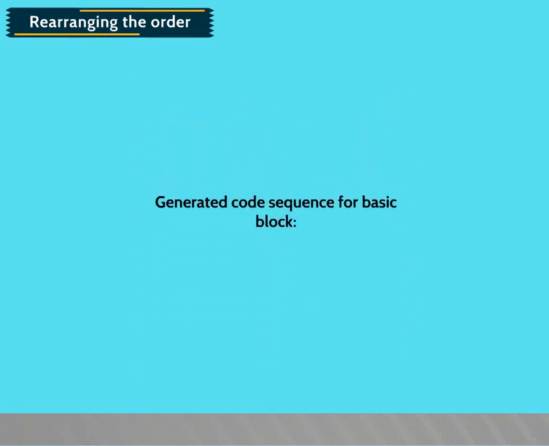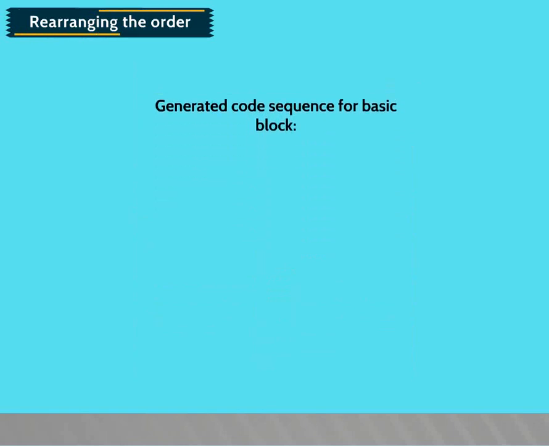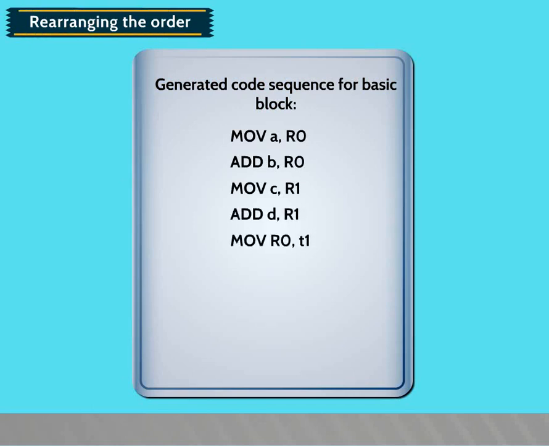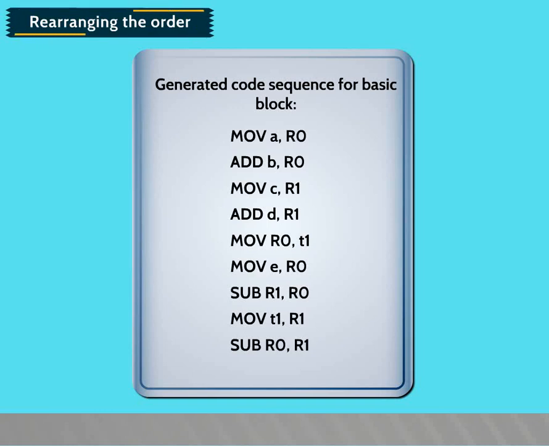Generated code sequence for basic block: MOV A, R0; ADD B, R0; MOV C, R1; ADD D, R1; MOV R0, T1; MOV E, R0; SUB R1, R0; MOV T1, R1; SUB R0, R1; MOV R1, T4.